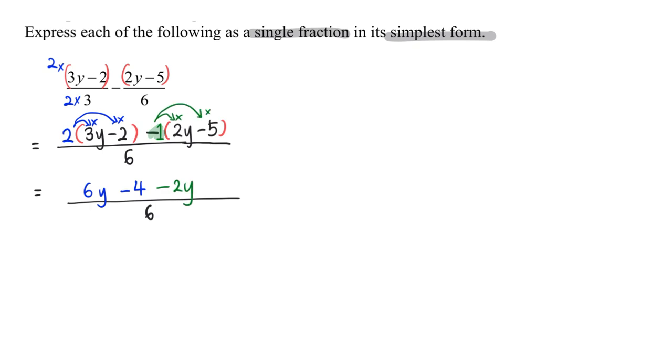Negative 1 times negative 5, positive 5. And therefore, the final answer would then require us to simplify the numerator. 6y minus 4y, they will give me positive 4y. Negative 4 plus 5, 5 minus 4, positive 1.